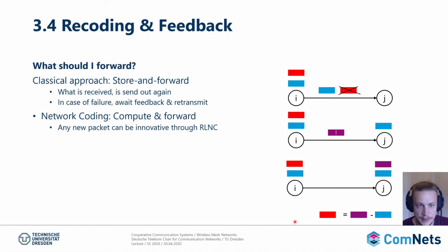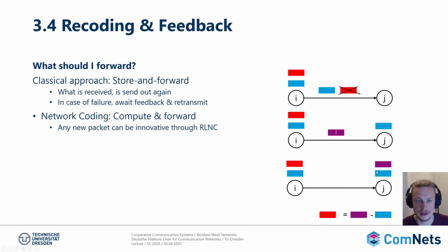So this is a very simple way to describe how network coding works. And surprisingly, what works with colors also works with packets and numbers. But more detailed information you'll get in the network coding lecture, which I can recommend at this place.